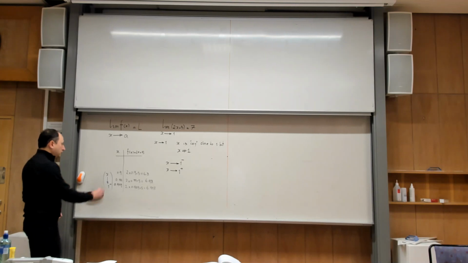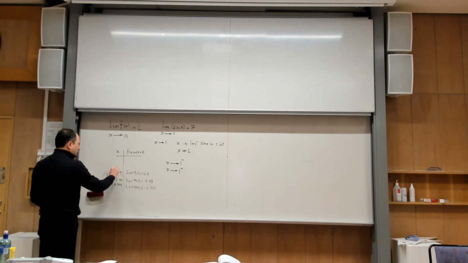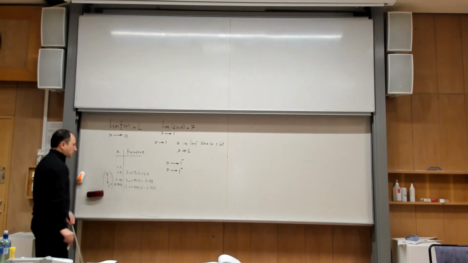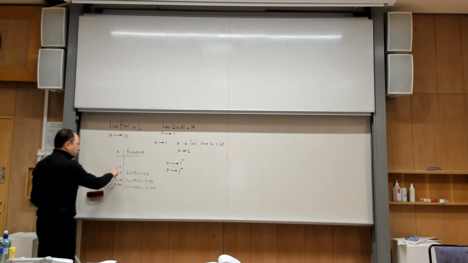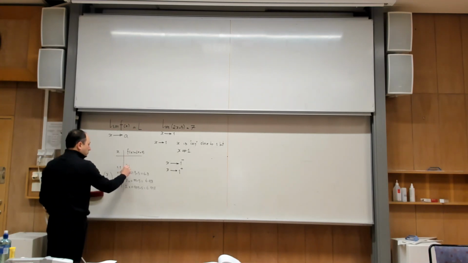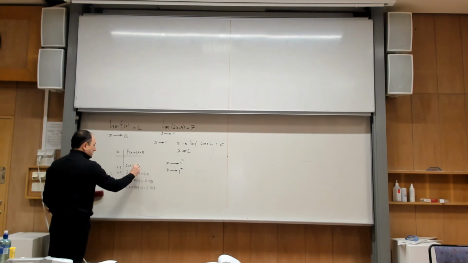So for example, one number that I can choose is 1.1. 1.1 is close to 1, but it is higher than 1. If I put 1.1 here, then it becomes 2 times 1.1 plus 5, and the answer will be 7.2.